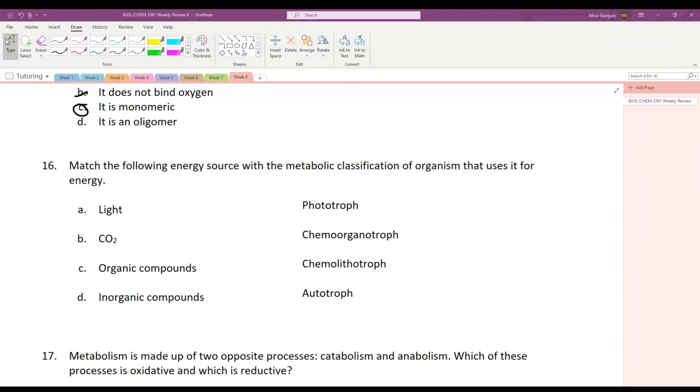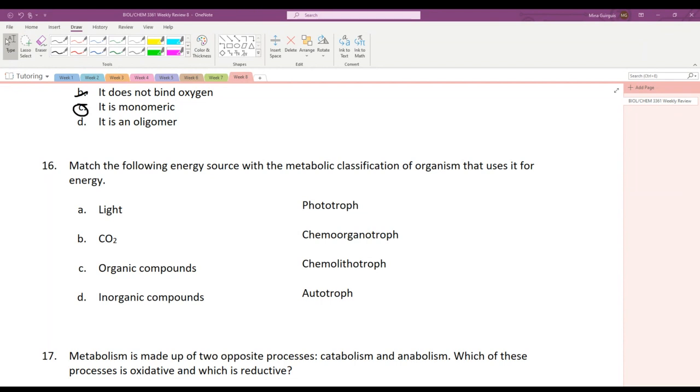But we as humans eat foods to get our energy. Plants use light. I'm sure there are other things that species use, but I can't think of them off the top of my head, so don't worry about them too much. But the point is there are different energy sources.